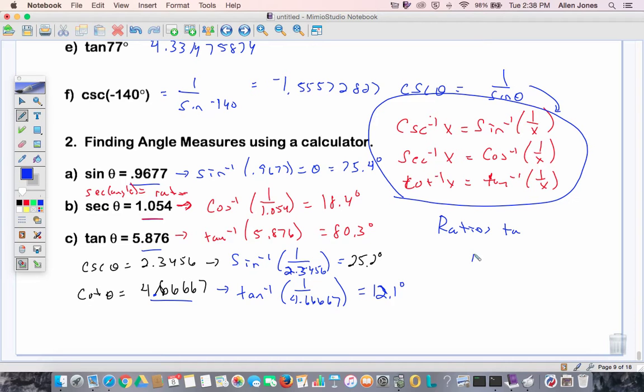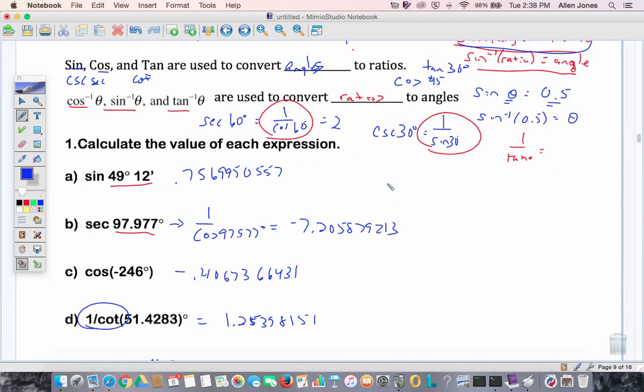Okay, so two different sets of conversions, just to summarize. One for converting ratios to angles, so I'll put that here, ratios to angles. Those are our inverses. And then up here we have our original functions as well as our reciprocal functions. Let's just write those all together.